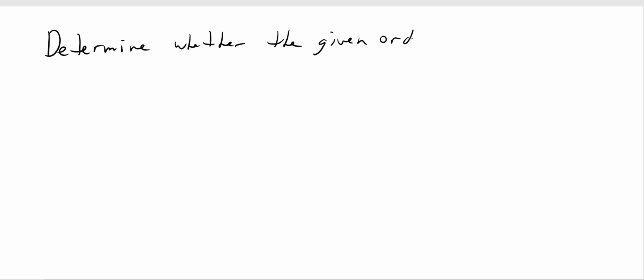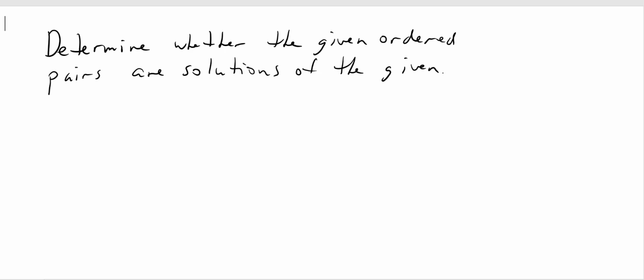The directions are going to be: determine whether the given ordered pairs are solutions of the indicated equation, or of the given equation. Okay, so it's really simple.